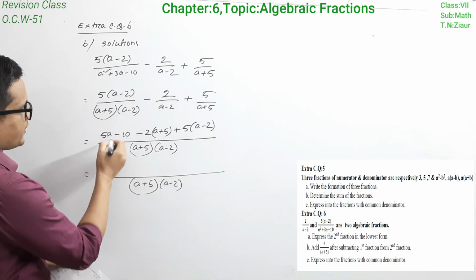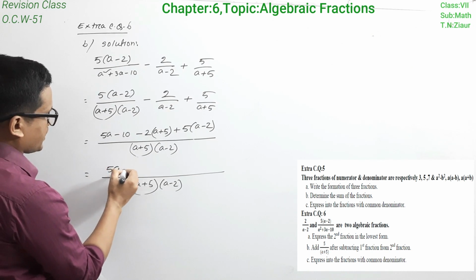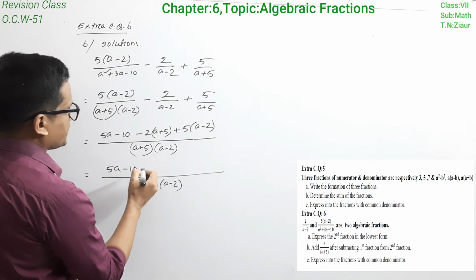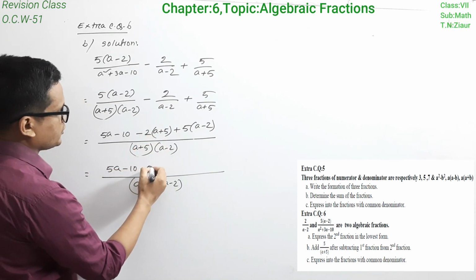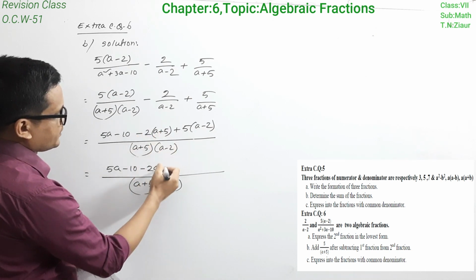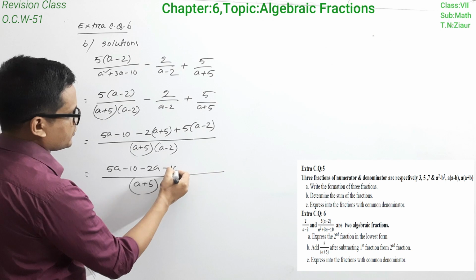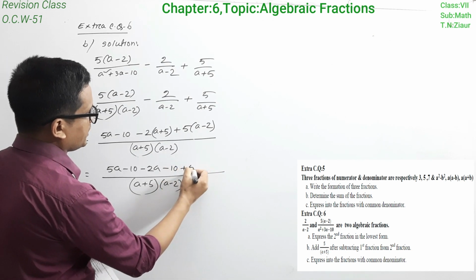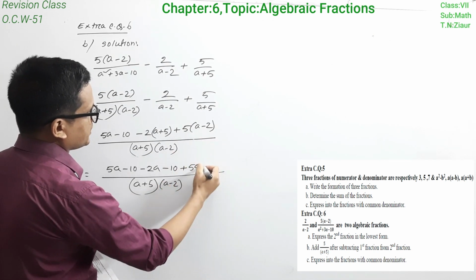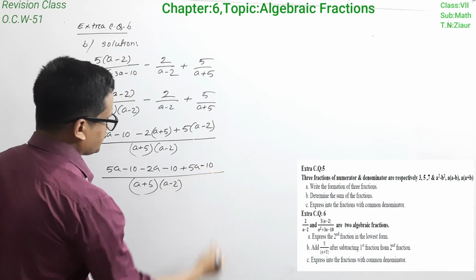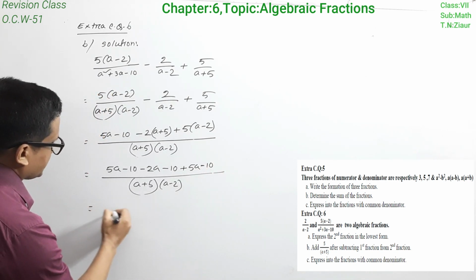Okay, so now 5a, we write 5a minus 10 here, so minus 2a here, minus plus makes minus, right? Okay, so 5 times 2 is 10. Again 5a, and plus minus makes minus, that one 5 times 2 is 10.